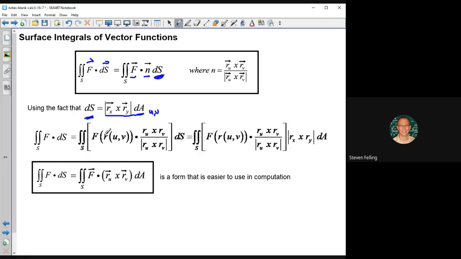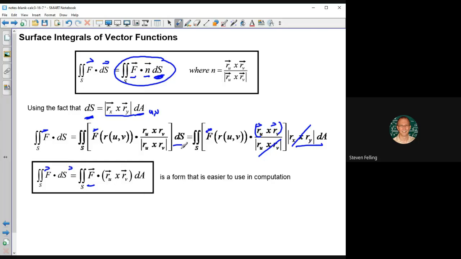Then if you were to say, okay, I'm going to take the dot product of this with this, and then dS, but dS is represented by this, these things cancel out. So sometimes people will write this form like this. It's really F dot the cross product of the two vectors here. Actually, there's a bunch of vector symbols missing here. Okay, so this is an easier form.